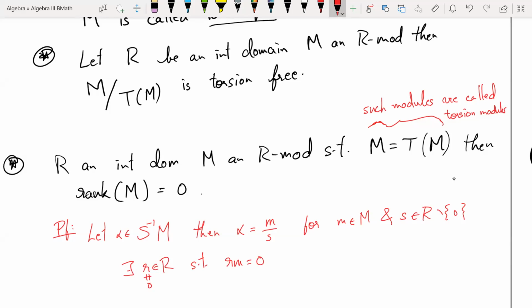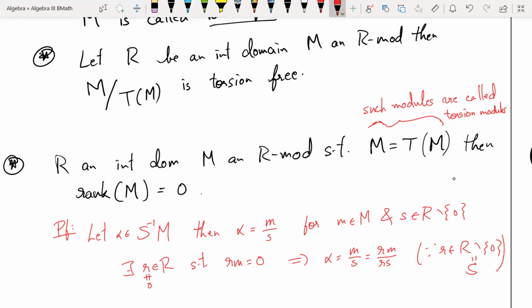So that tells you that alpha, which is m over s, is also equal to rm over rs, since r belongs to R minus zero, and so does rs in this case.